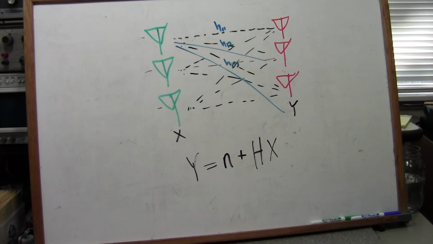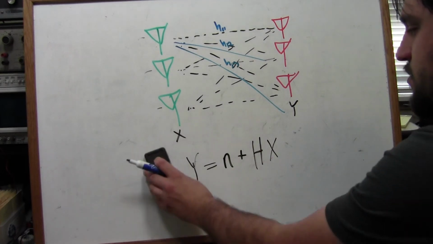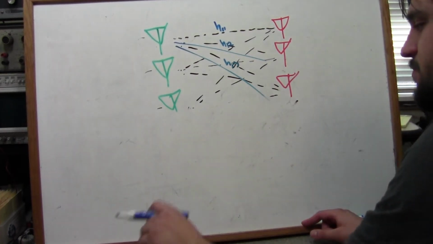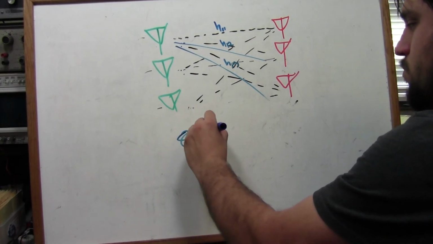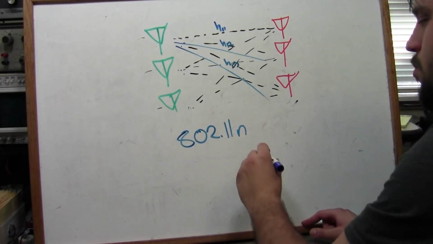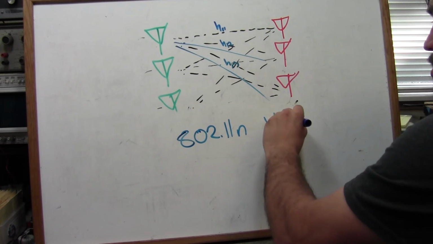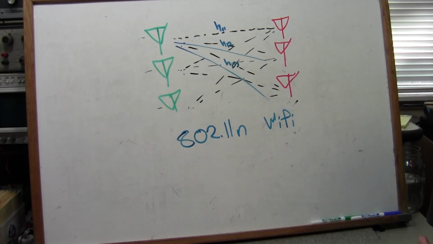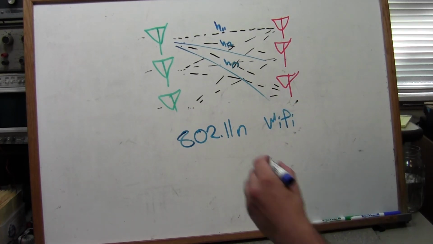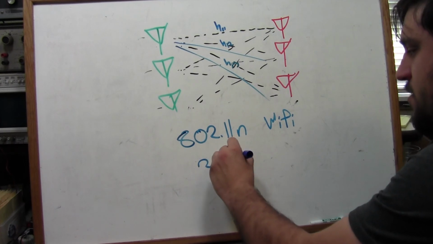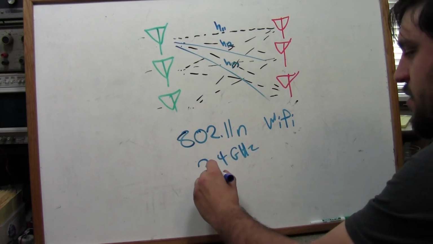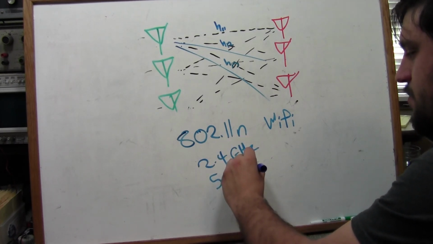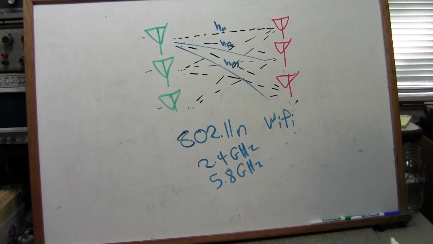One place that you see MIMO used quite a bit is in contemporary 802.11n or 802.11ac Wi-Fi. 802.11 Wi-Fi operates on the 2.4 gigahertz band and the 5.8 gigahertz band. This works out to be just a dozen centimeters.